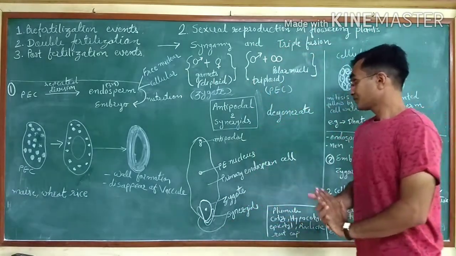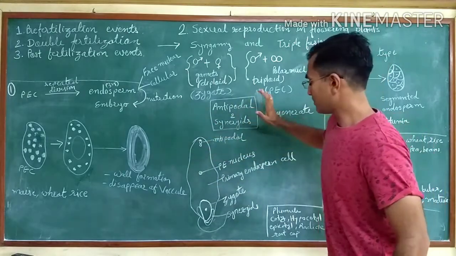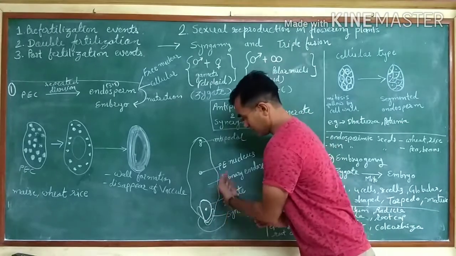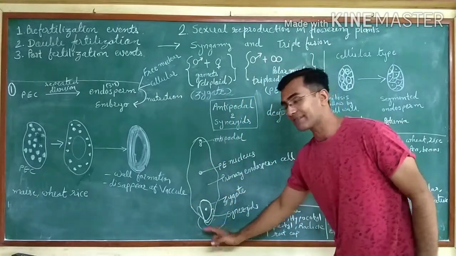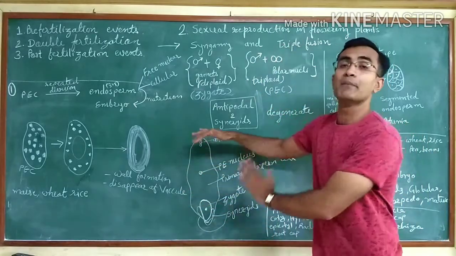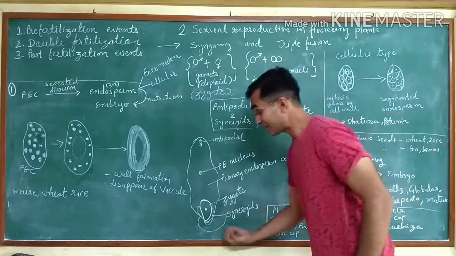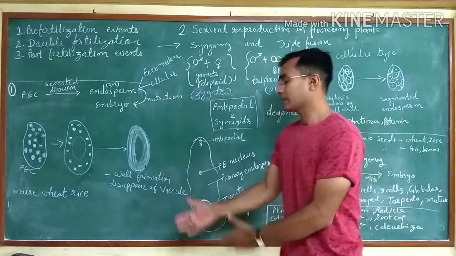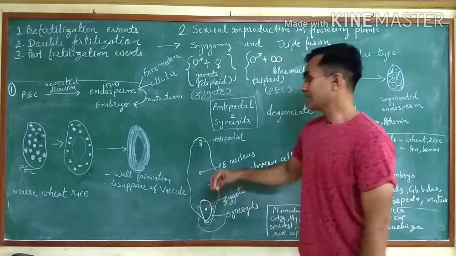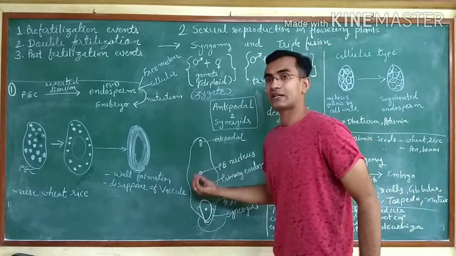Now here you can see the structure of the primary endospermic cell. As this male gamete enters into this cell, it starts converting. This was the embryo sac before. Now, as this male gamete enters, it converts into the primary endospermic cell. And the nucleus which is present is called the primary endospermic nucleus.